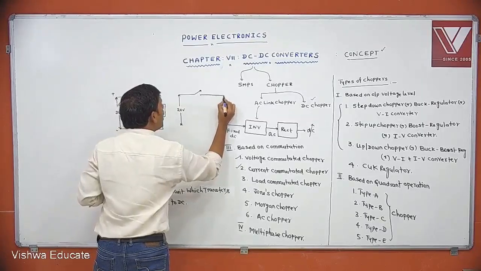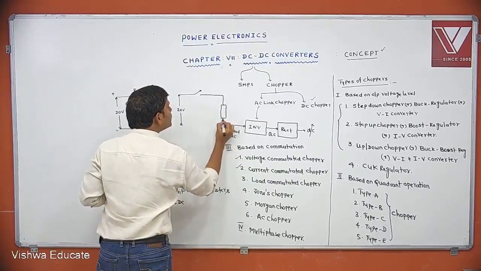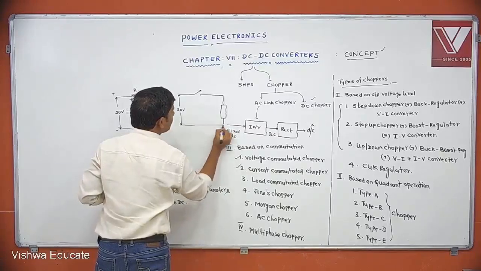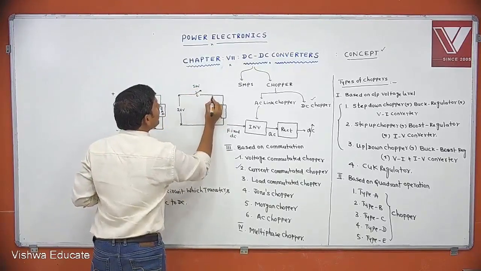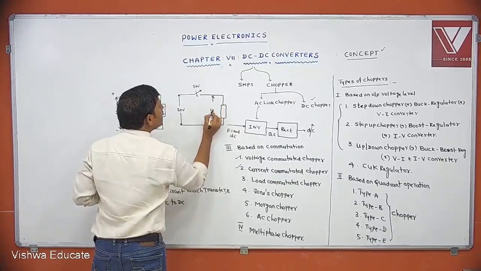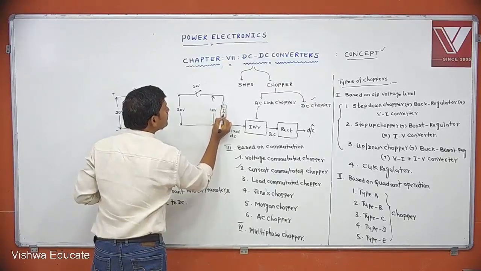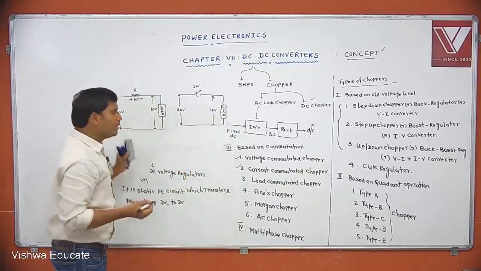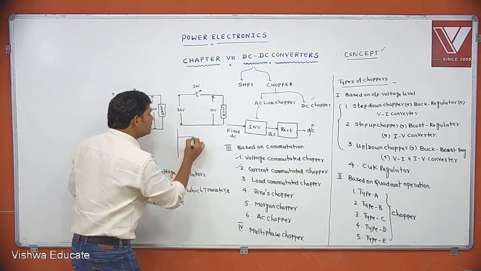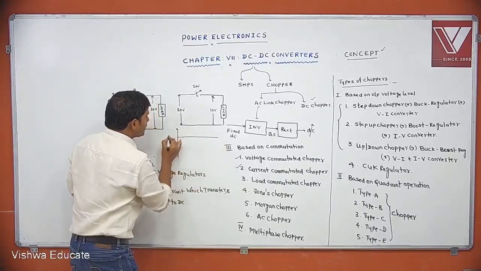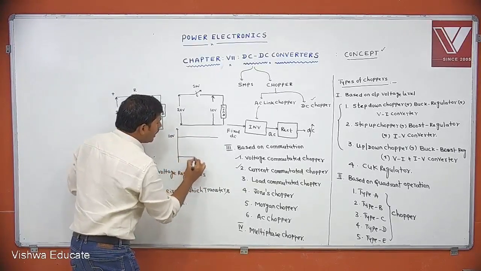By on and off control of this switch, we can apply 10 volts to the load. Is it possible? Yes. Available input is fixed DC, and now I am controlling the on and off of the switch.